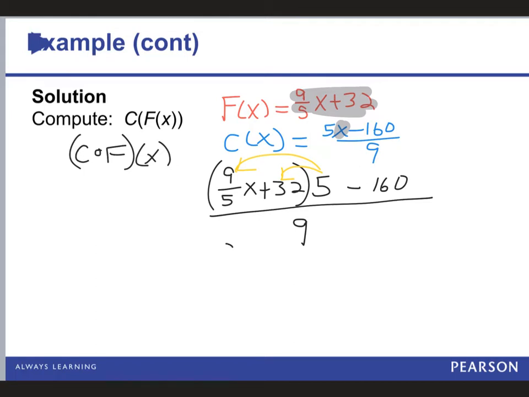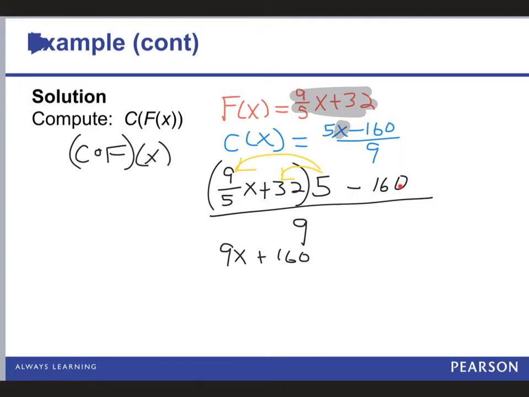So I have 9x. And then we have 32 times 5. 30 times 5 is 150, and 5 times 2 is 10, so this would be 160. So 9x plus 160. Now we've done the first distribution.